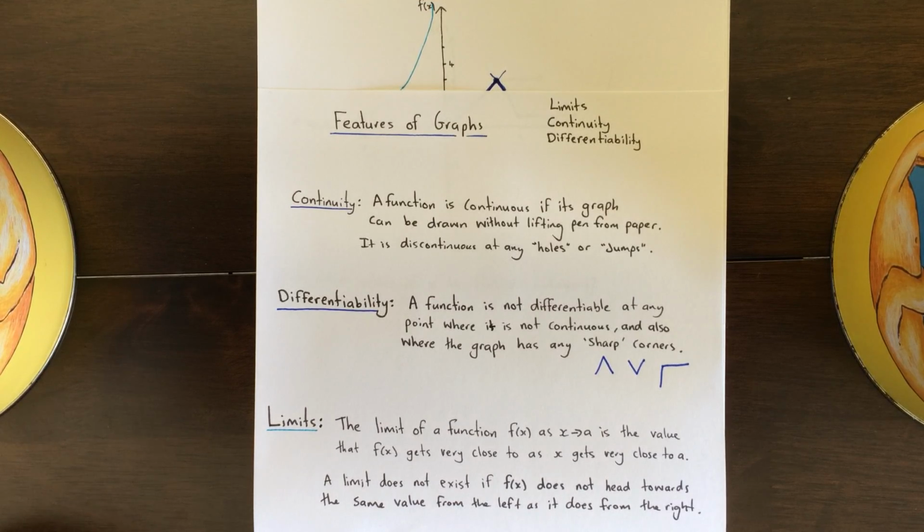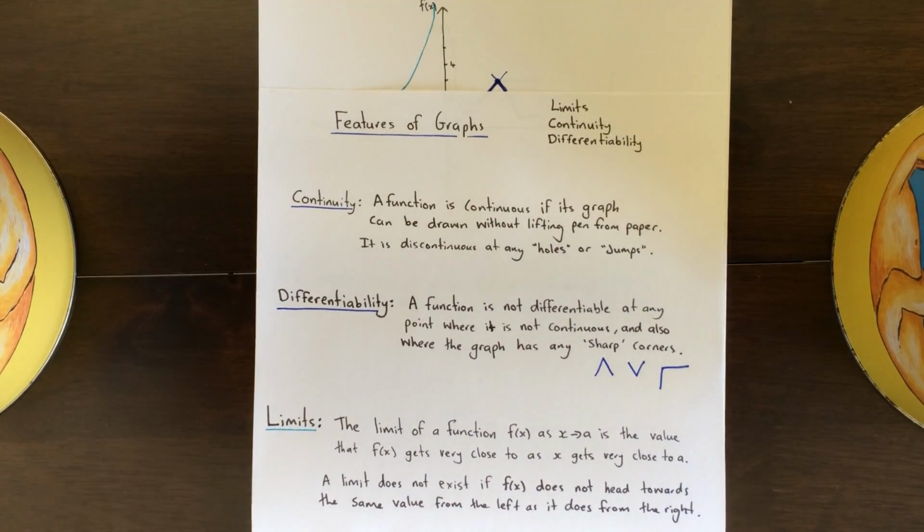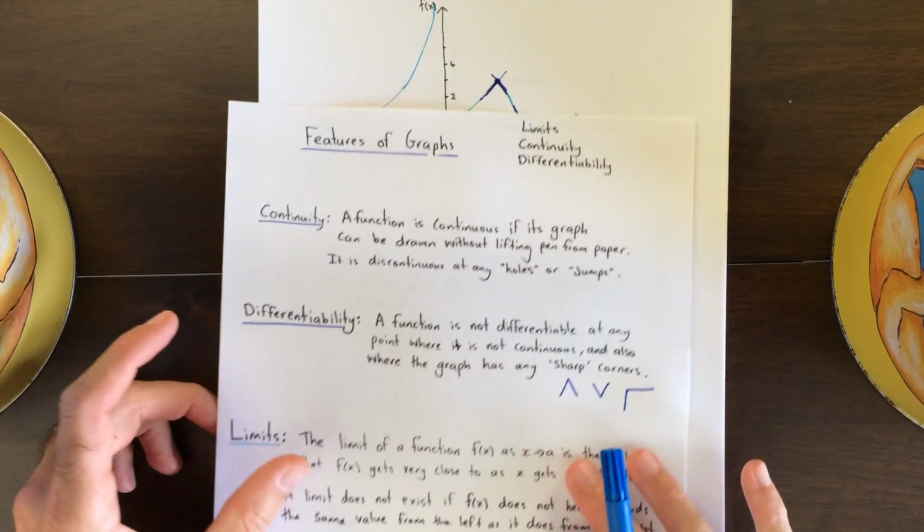So we're not looking at the point a, we're looking very close to that point and seeing where the graph gets close to. We say a limit does not exist if f of x does not head towards the same value from the left as it does from the right. So this is confusing. Let's look at an example.